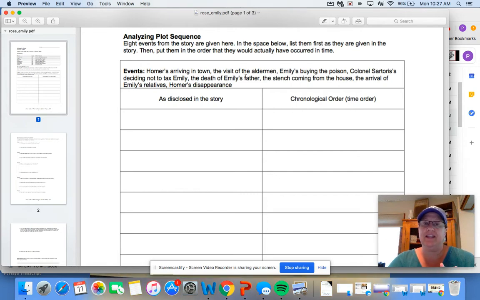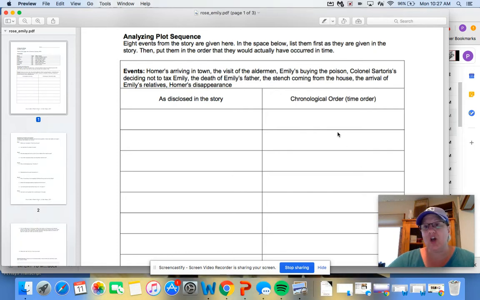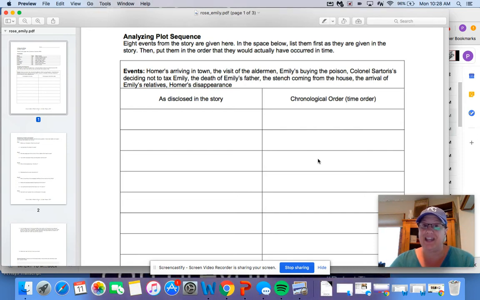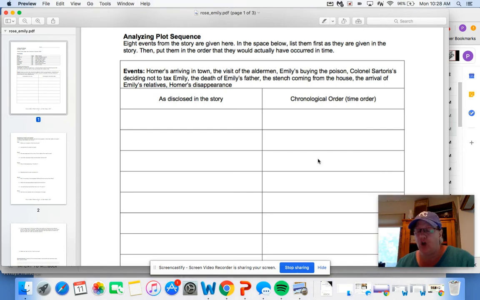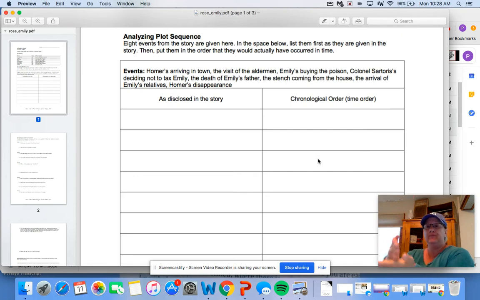You're going to give them as they listed in the story, and then in this column over here, the chronological order, you are going to put the same 8 instances from the story in the order that they actually would have occurred in time had the story been told straight through, okay, and not have had a bunch of flashbacks. All right?